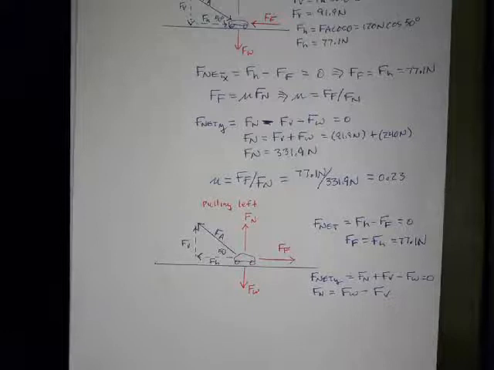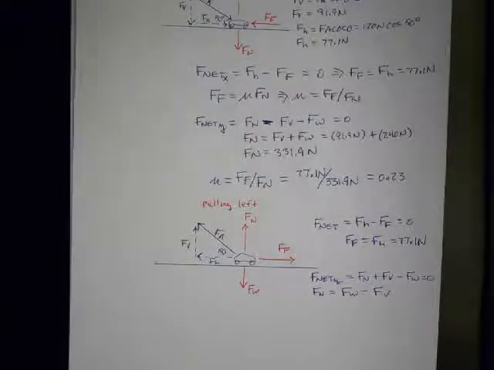And by the way, you probably experienced this without really paying attention to it. It is often much easier to pull something than to push it once you've gotten going, because in fact you're lifting it a little bit, and so you are effectively reducing the normal force a little bit.